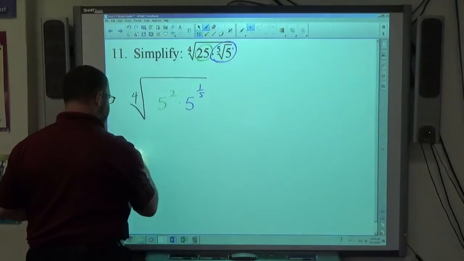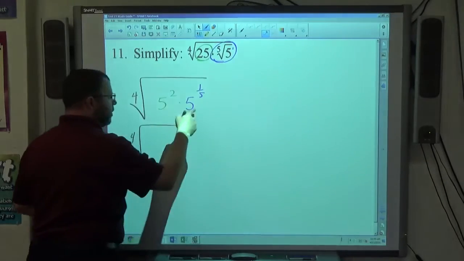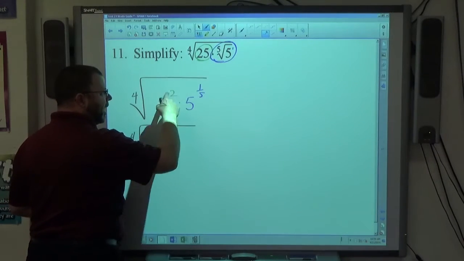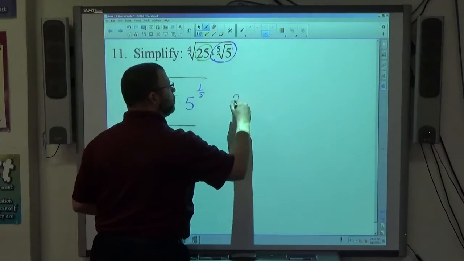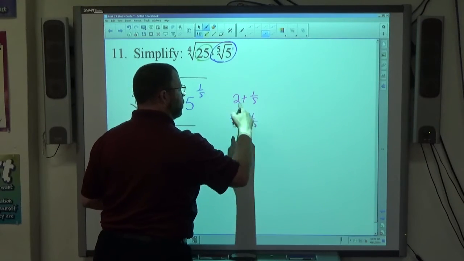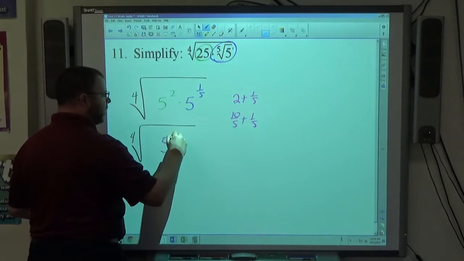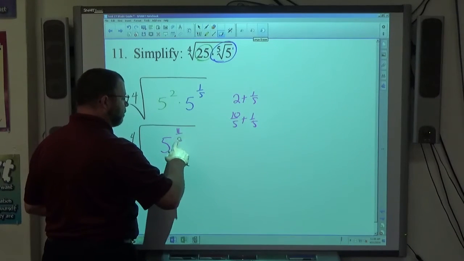Then, still a 4th root. Now I'm going to multiply these two things together. I multiply the same base by adding the two powers. So 5 is still going to be the base, and I'm going to do 2 plus 1/5. 2 is the same as 10/5. 10/5 and 1/5 makes 11/5. And I do want it to be an improper fraction. I don't want it to be a mixed number here.